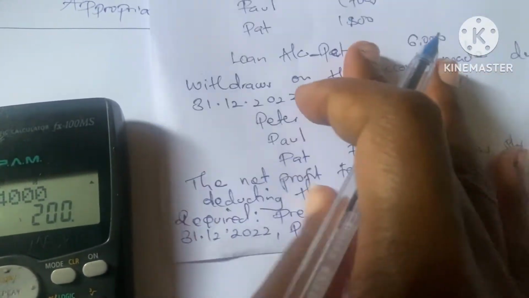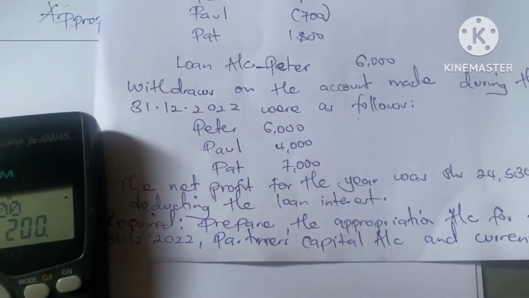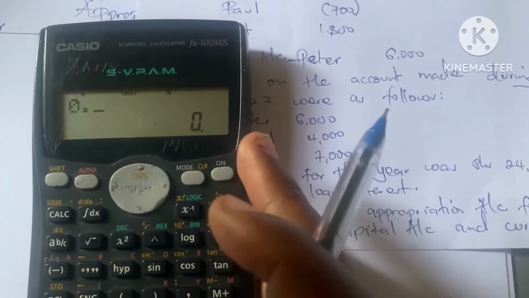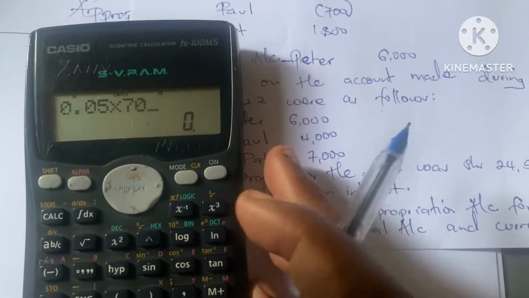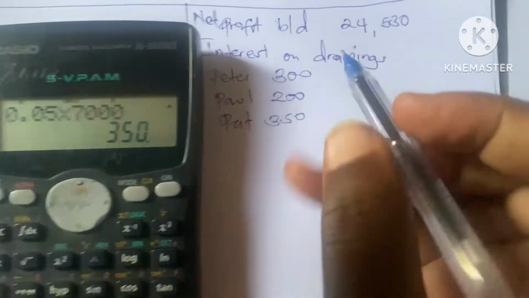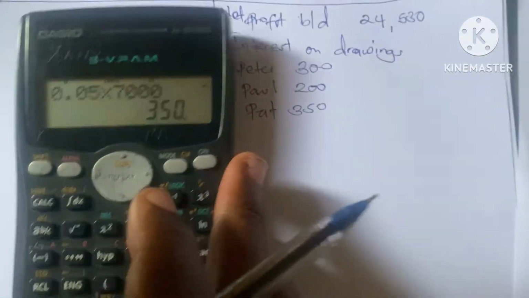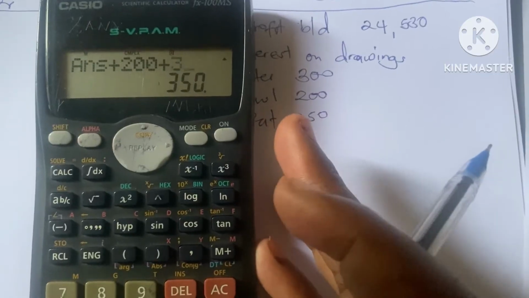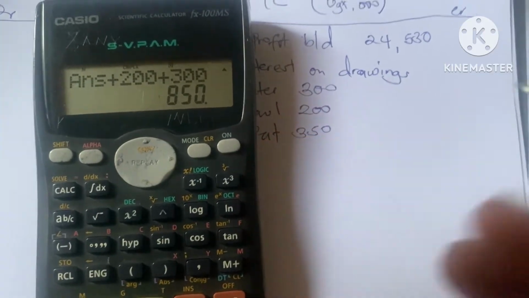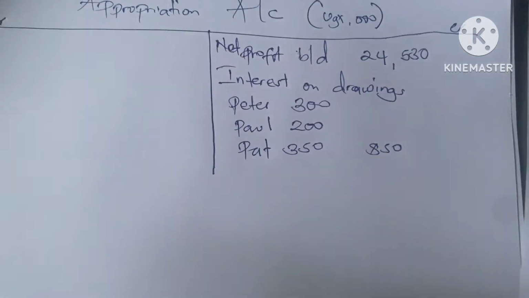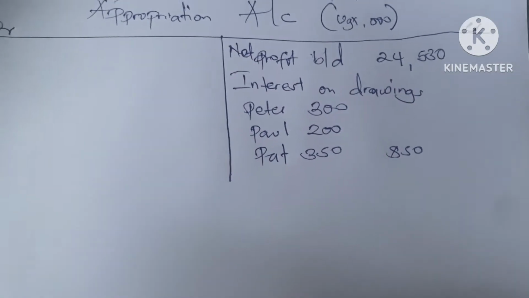And for Pat, it is 7,000, so 0.05 times 7,000, which is 350. So we add these to get the total interest on drawings: 350 plus 200 plus 300, 850, like that.